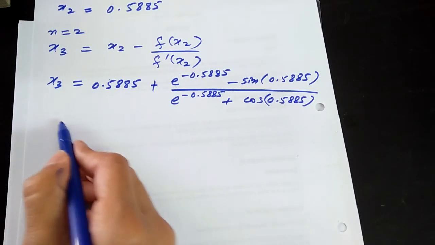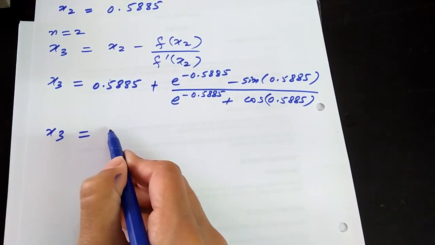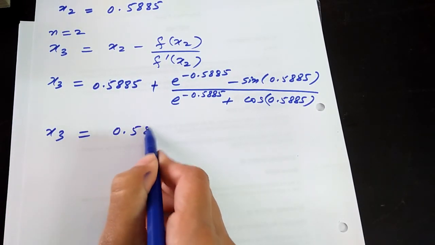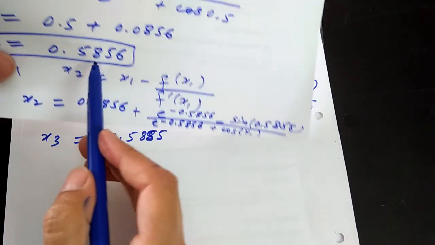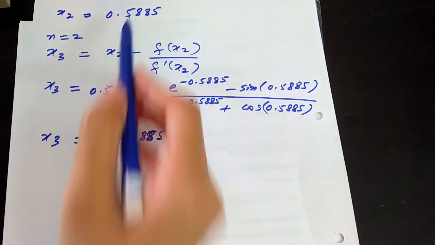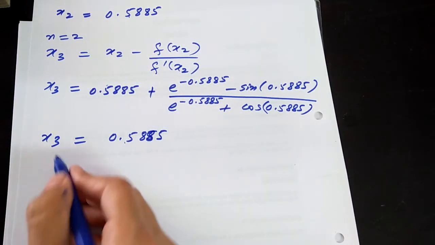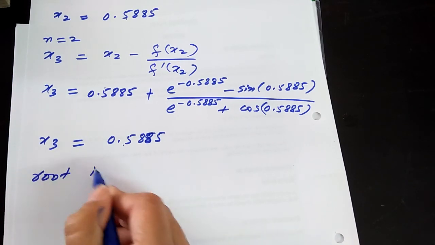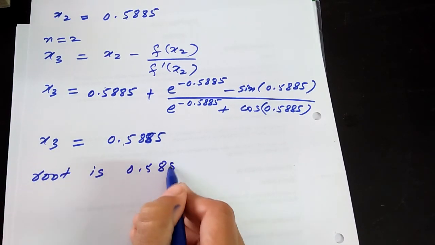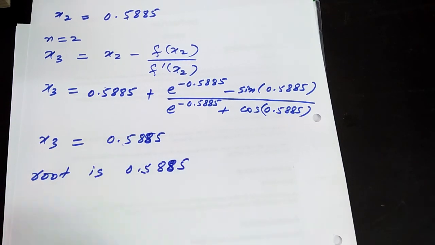So x3 will be given as 0.5885. Now you observe you have the repeated root, x2 and x3 are repeated. So it means the required root is 0.5885. So this is the answer for your question number 3 for this exercise 2.4.